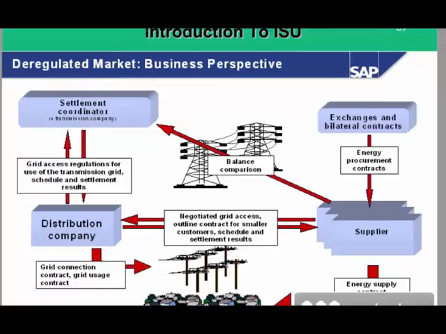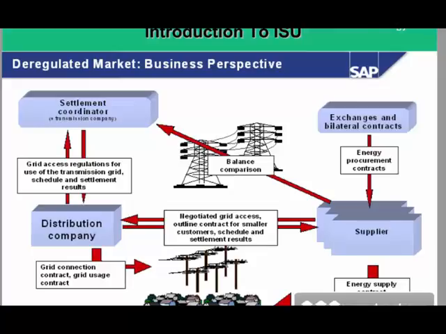Here you can see in a deregulated market there are 5 entities: transmission company, distribution company, supplier, exchange and bilateral contracts, and business partner. Let me explain what exchange and bilateral contracts are. When there are multiple buyers and multiple sellers, just to settle the price based on demand and supply, an energy exchange is created whenever there is a deregulated market.